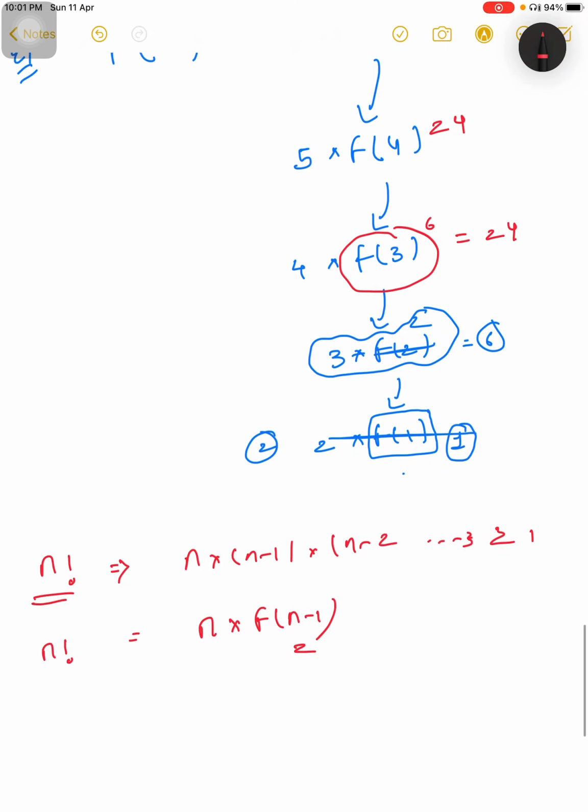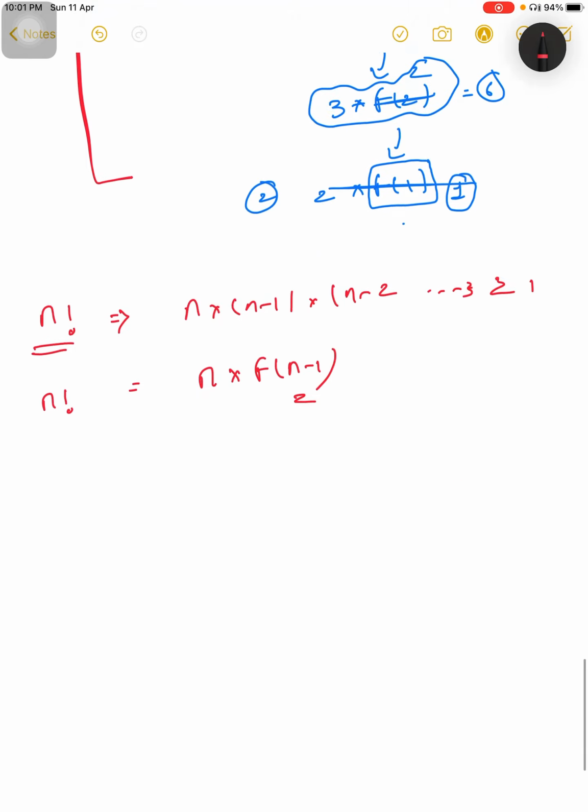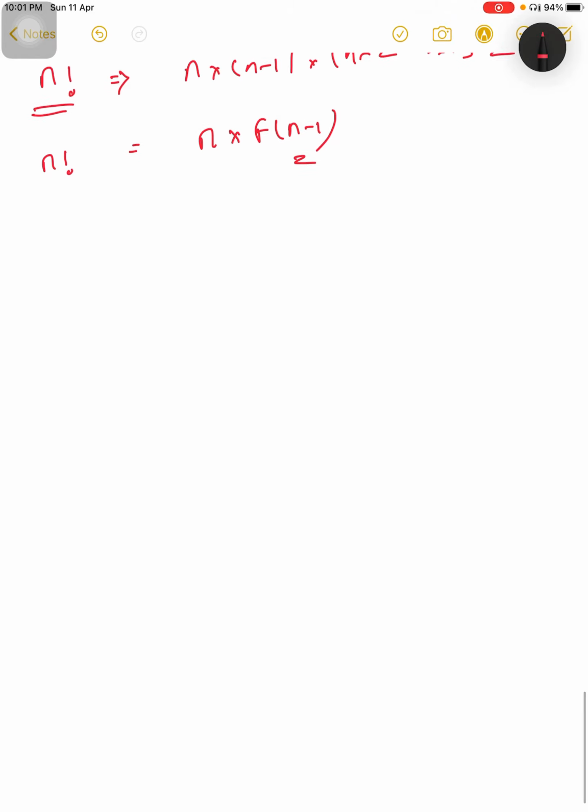Okay, so now if we write this approach as a program, if we wanted to calculate the factorial of n, we will compute the values repeatedly, for example f of n minus 1 into n.